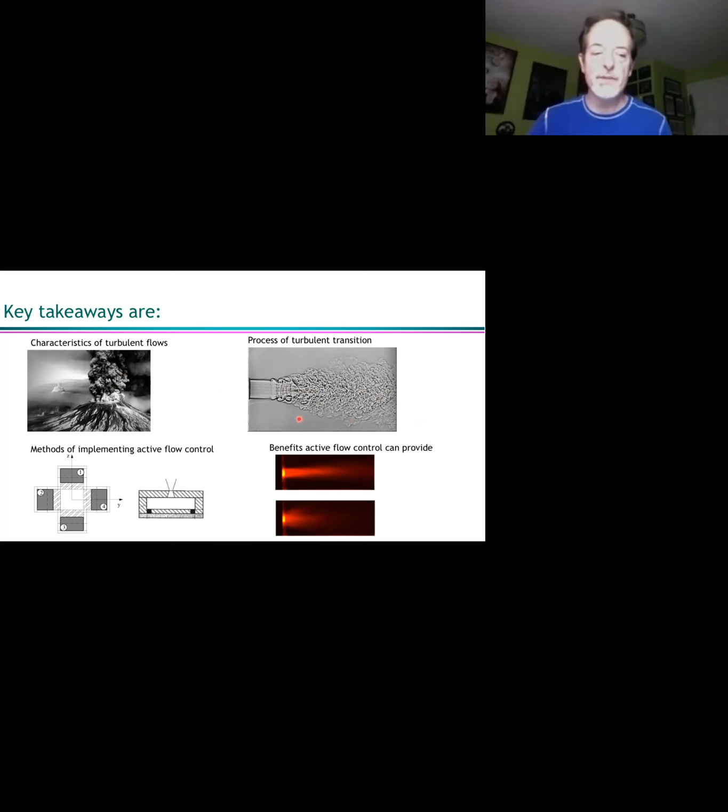And we talked about a couple different methods of implementing active flow control: these square piezoelectric blades around a jet, and then the zero mass flux synthetic jets, and some of the benefits that can be provided. Reducing hot plumes from the C-17 was one application, and then cooling electronics with these little synthetic jets is another. All right, are there any further questions?